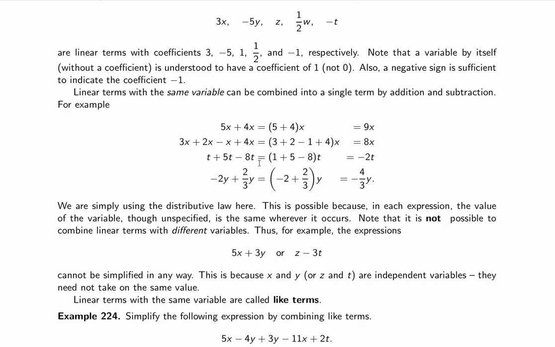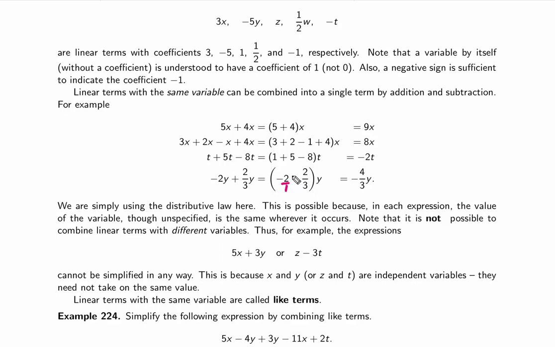Here we have t's. This last one has y's. The numbers are -2 plus 2/3. So we need a common denominator. Again, -2 over 1.